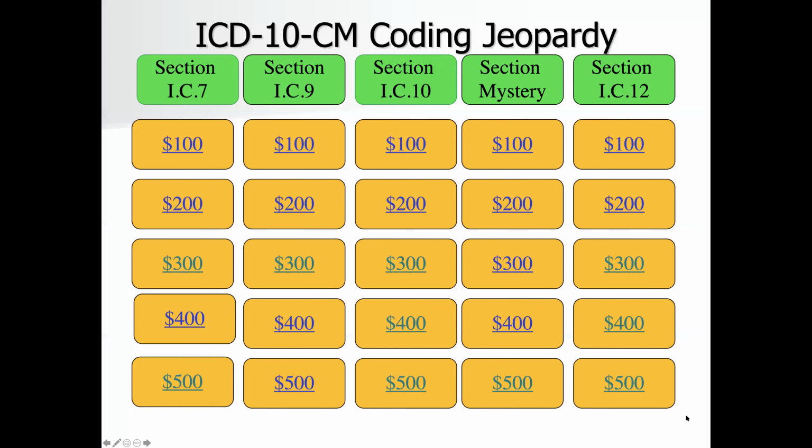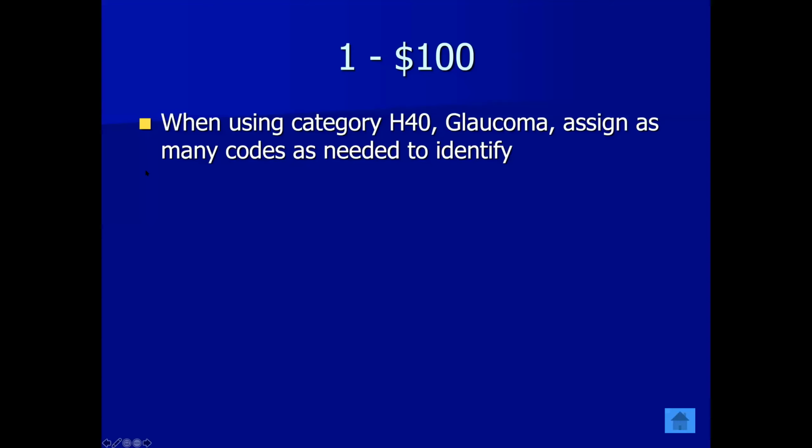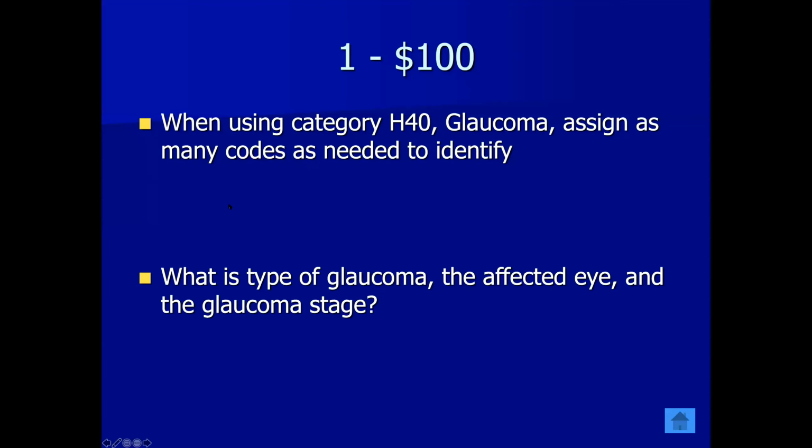All right, next up, I'm going to again pick another one randomly, and here goes. When using category H40 glaucoma, assign as many codes as needed to identify... What is the type of glaucoma, the affected eye, and the glaucoma stage? That is correct. 100 points for Markeisha.